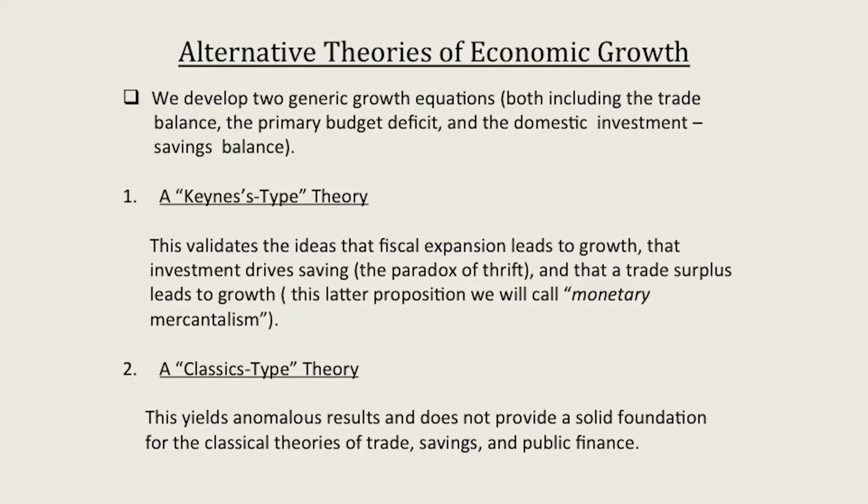Then we can also identify a classical-type theory, which does have advocates amongst our group here. I would suggest that it yields anomalous results and does not provide a solid foundation for the classical theories of trade, savings, or public finance.